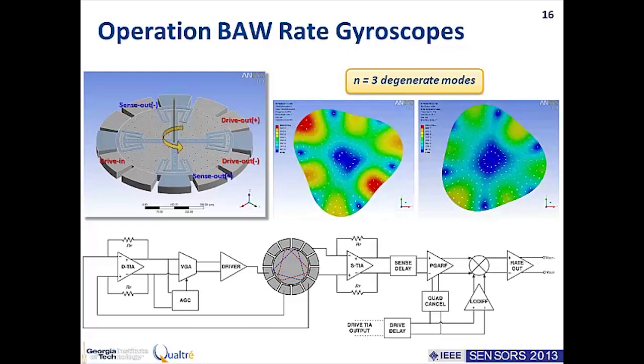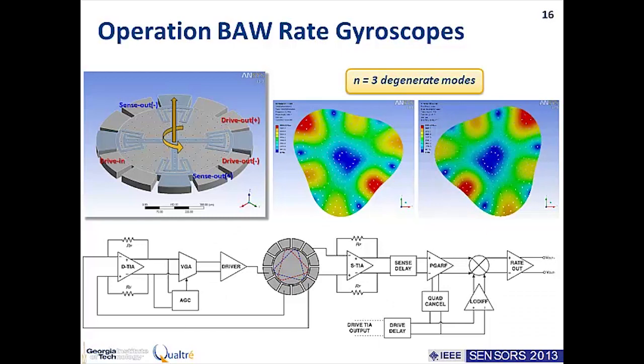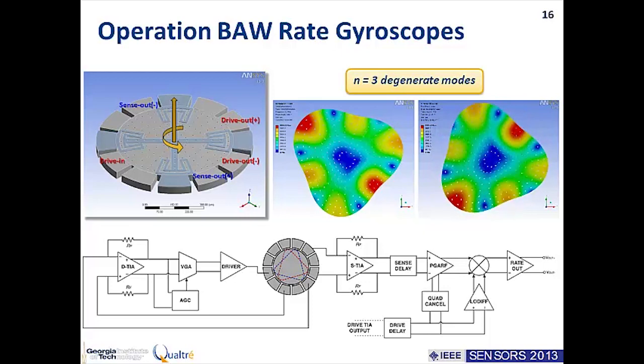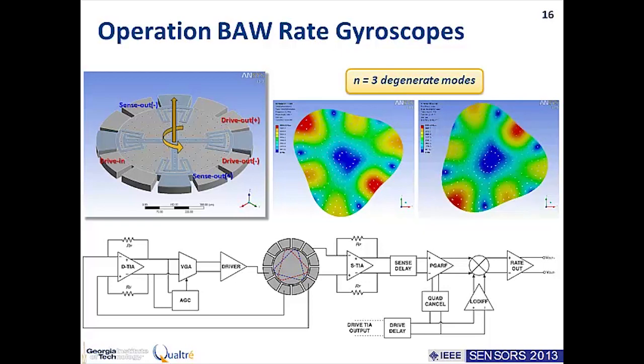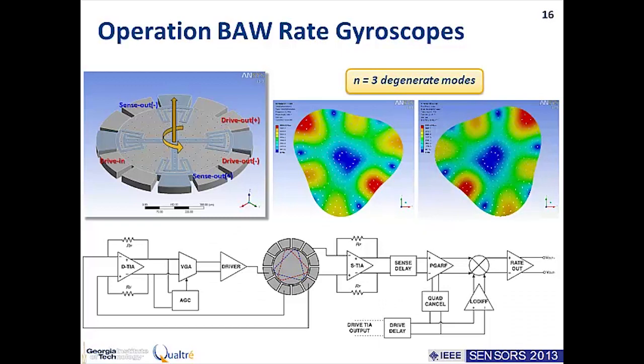And then in the presence of rotation rate, part of that energy couples into that orthogonal mode, and the deformation of that second mode is going to be proportional to a rotation rate. And you can use electronics connected to the electrodes that align with that second mode, and basically demodulate your signal, as we mentioned before, by using as a reference your drive oscillation.